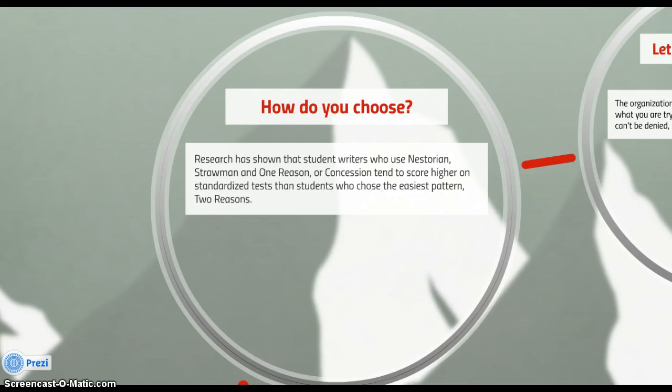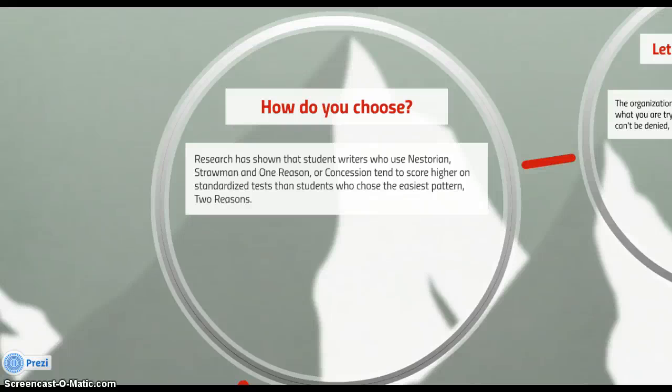Now, you guys know I'm a research person, and I've done a lot of research on this. Research has shown that student writers who use Nestorian, straw man and one reason, or concession tend to score higher on standardized tests than students who chose the easiest pattern, two reasons.